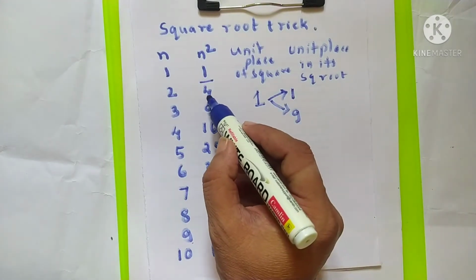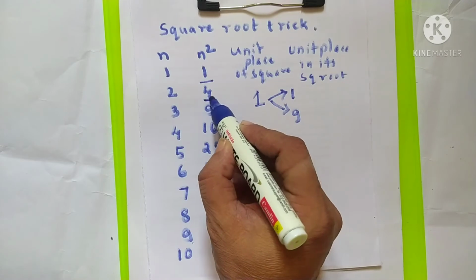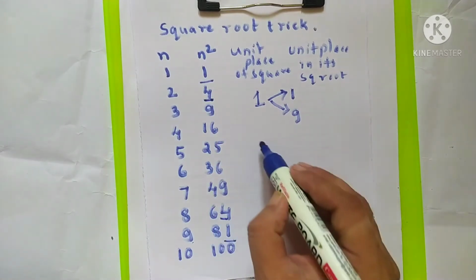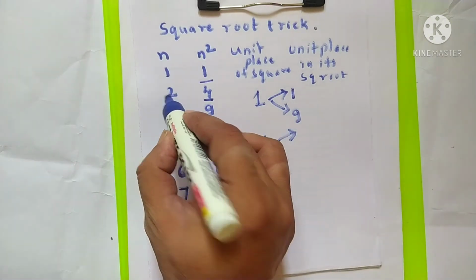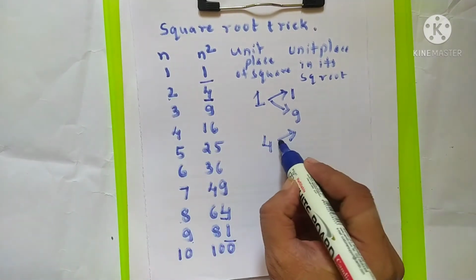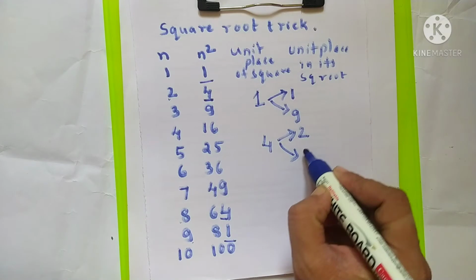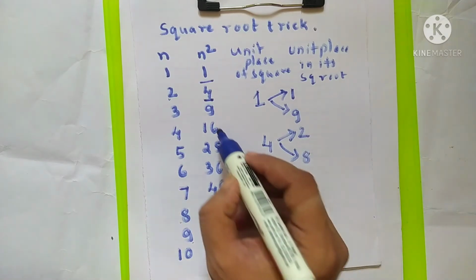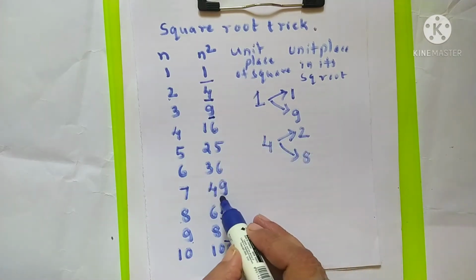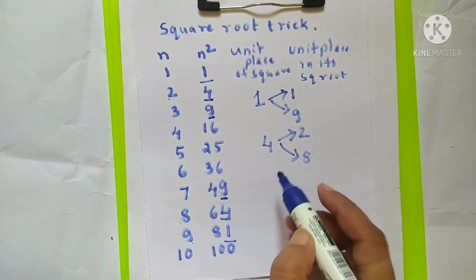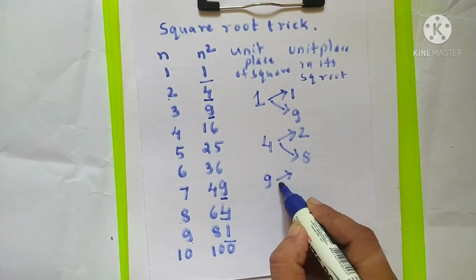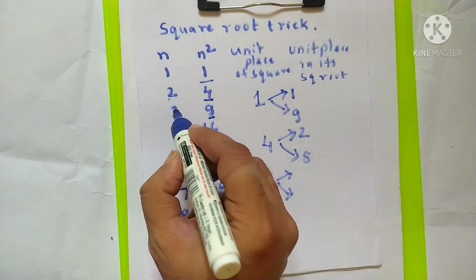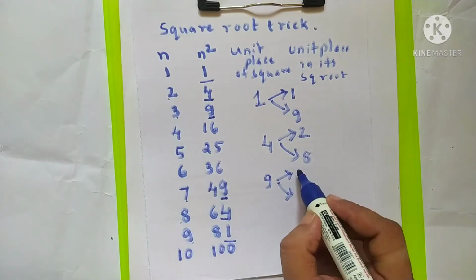Similarly, if 4 is in the unit place, here this is 4 and this is 64, and in its place this 2 or 8 will come. Now see this 9 here, 49 here. If 9 is in the units place, then in its square root 3 or 7 will come.